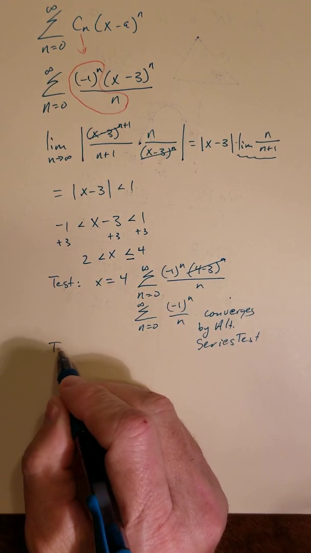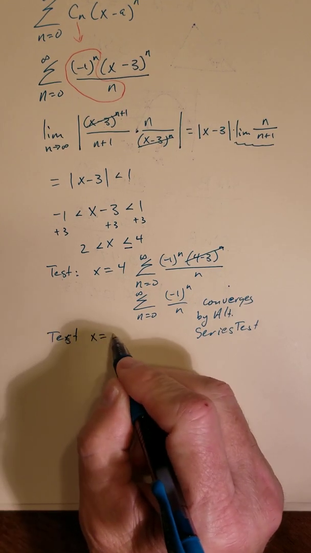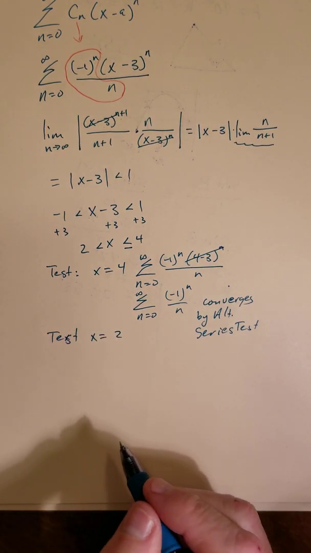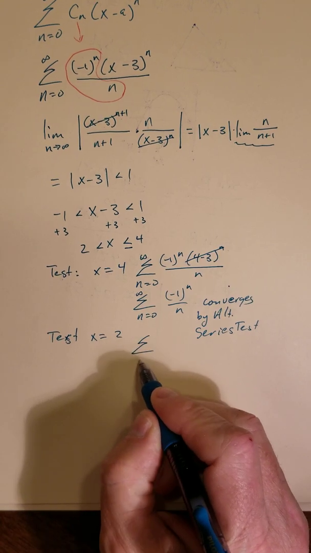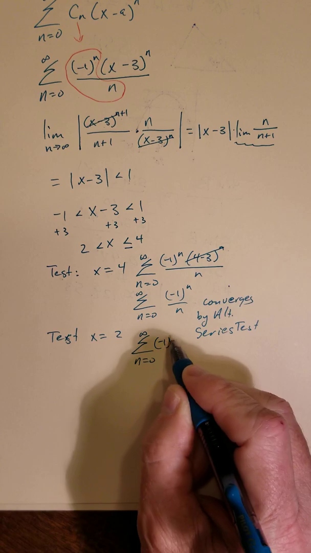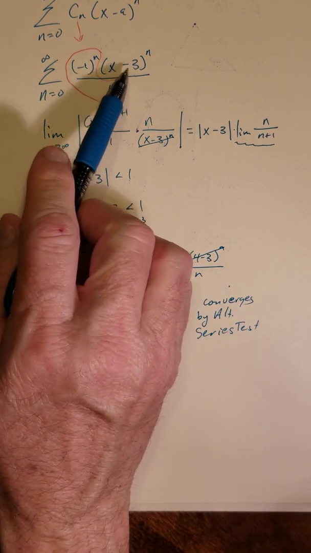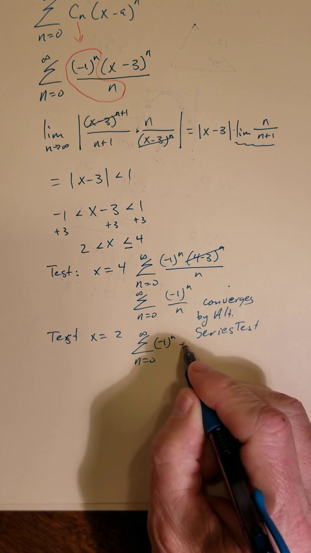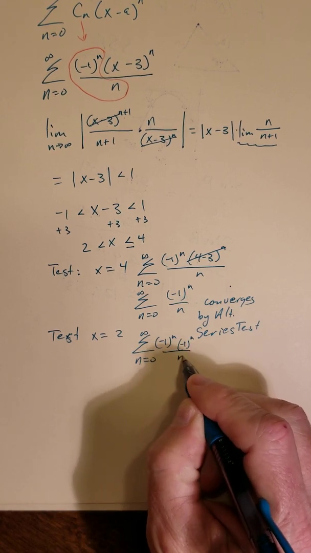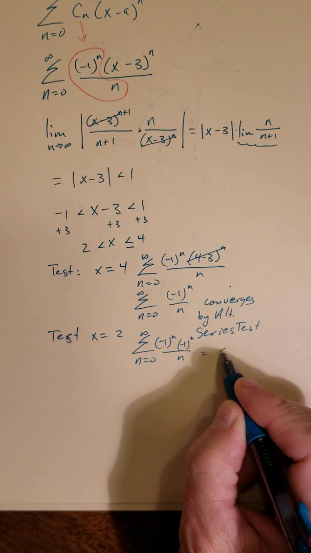And now we're going to test what happens when x equals 2. So if I plug in x equals 2, I get the sum from n equals 0 to infinity of (-1)^n. And when I plug in 2 up here, I get 2 minus 3 is negative 1. So I get negative 1 to the n again. Well, negative 1 to the n and negative 1 to the n is just 1.